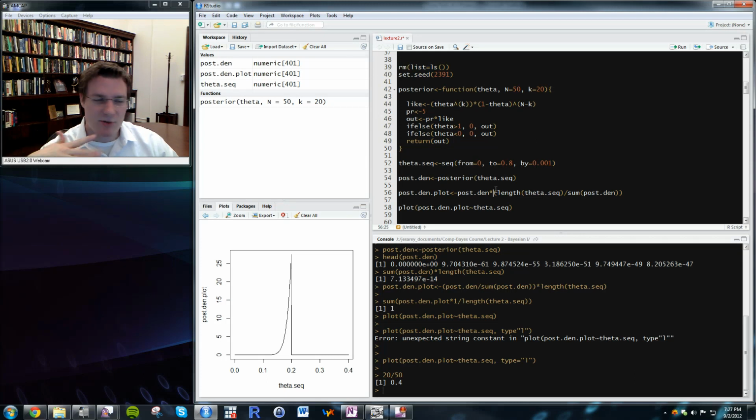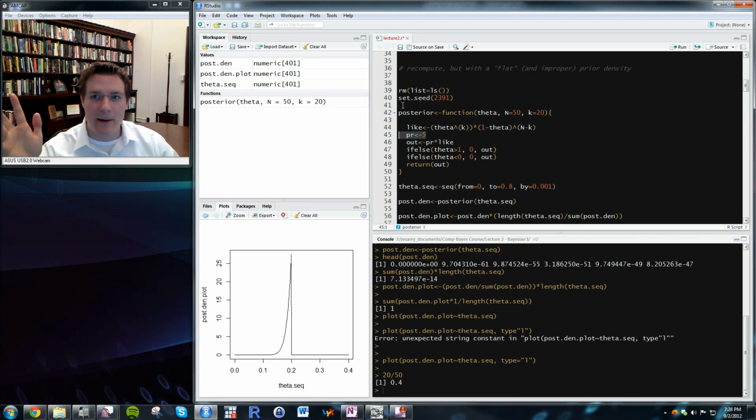I'm just going to normalize it and everything's going to be fine. The only thing that really matters is that, relative to other values, the prior is the same. In other words, I've made it flat. This is a so-called flat prior. I've said every value of theta between 0 and 1 is equally likely.